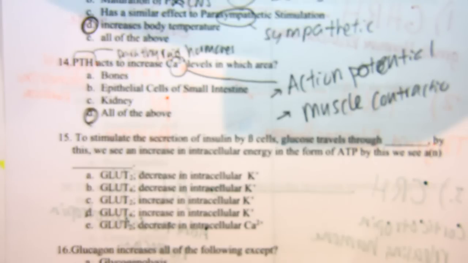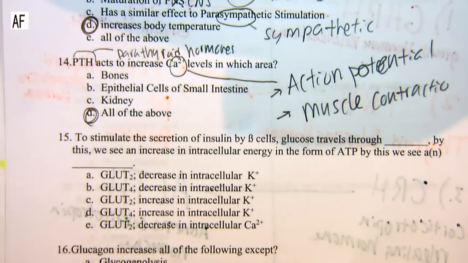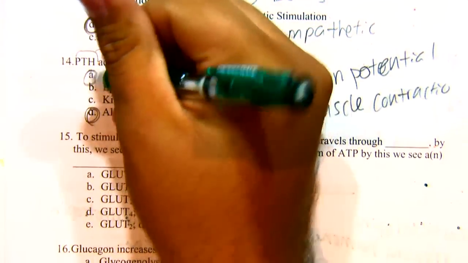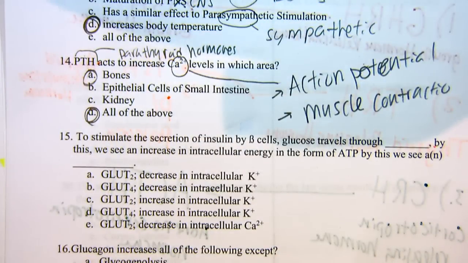Acts to increase calcium levels in which areas? What I meant by the question was how do parathyroid hormones increase calcium in our blood? It targets these three areas. Where do we get calcium? From our bones, so if we have low calcium in our blood, we can pull it from our bones.